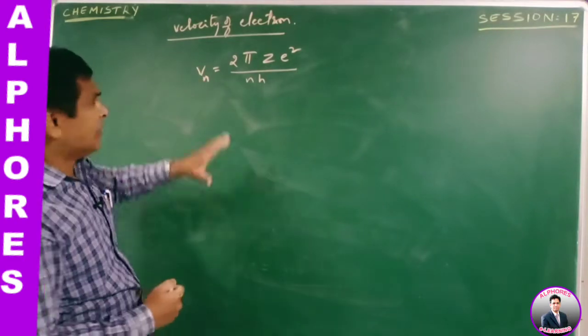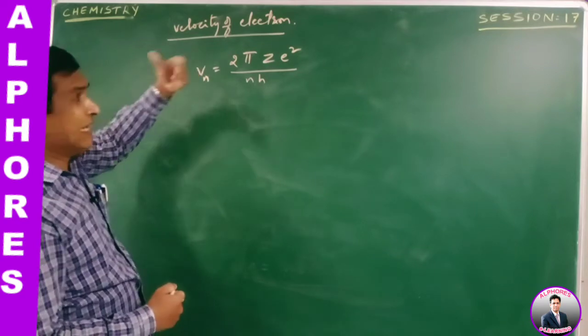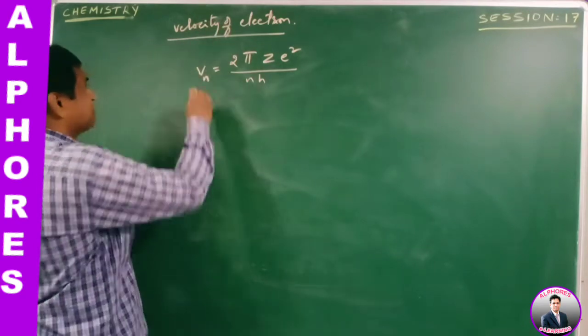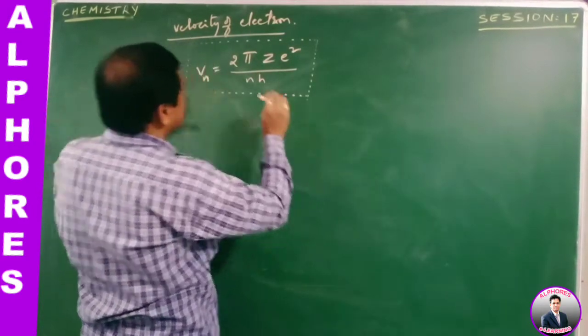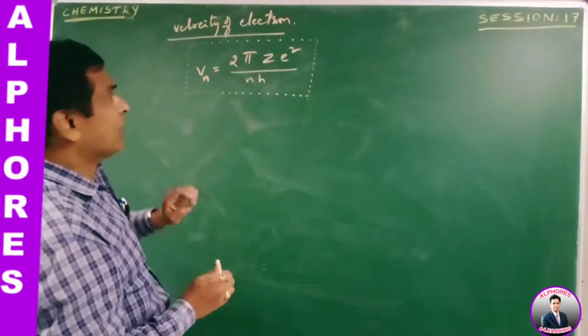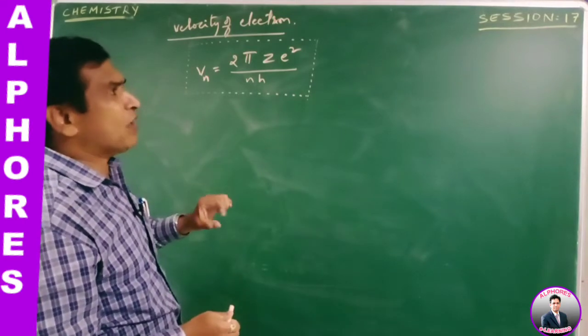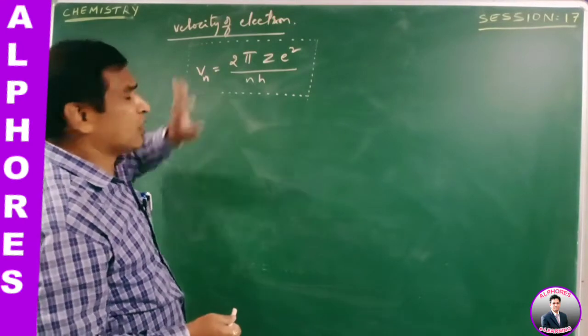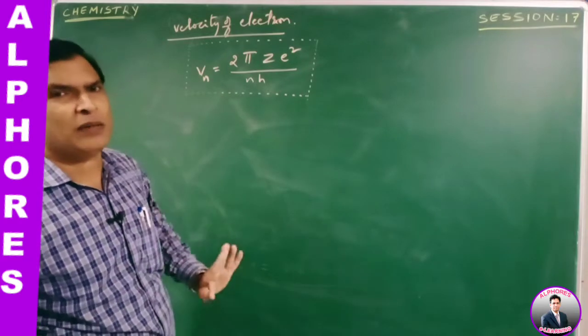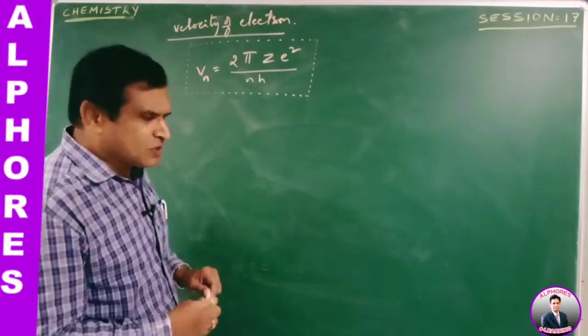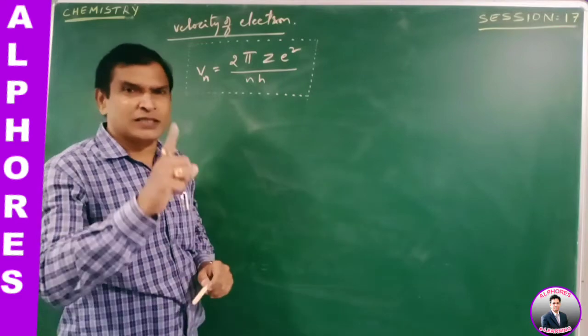That is, the velocity of the electron in the nth orbit can be given by this expression. This is a basic fundamental formula to represent the velocity of the electron in the nth orbit of species containing one electron, because Bohr's theory is strictly applicable to species which contain one electron.